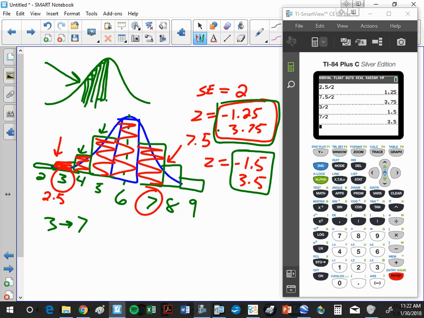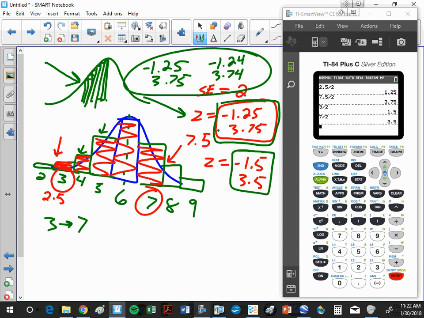So if you do edges, you might get negative 1.25 and 3.75. But if you don't do edges, you might get negative 1.24 and 3.74. Are those going to be any different? No. So does that help? Yes.